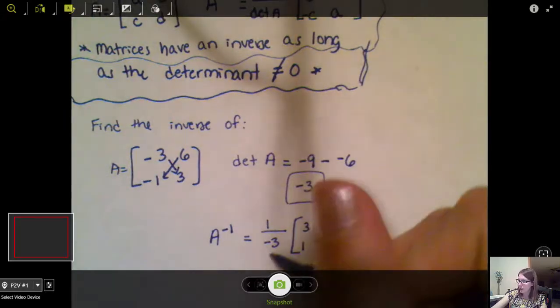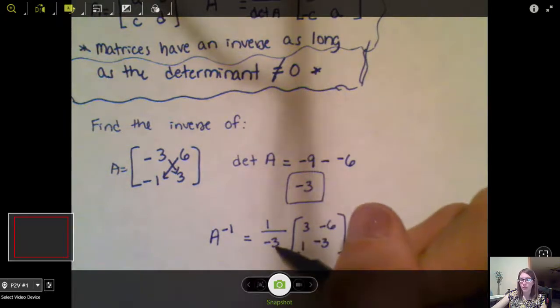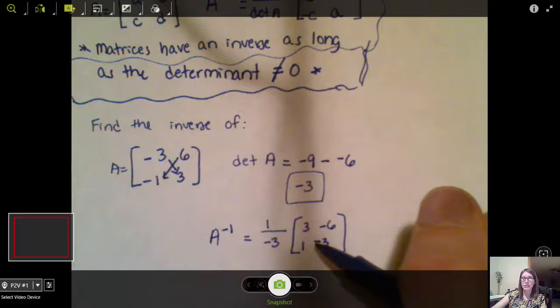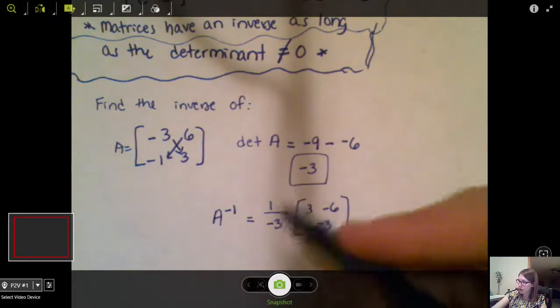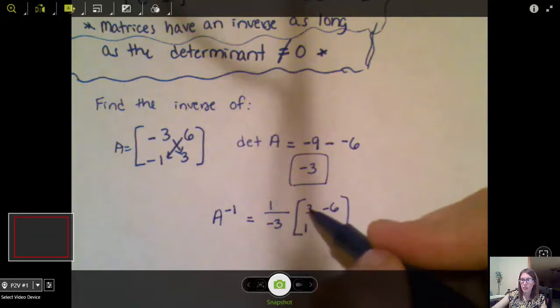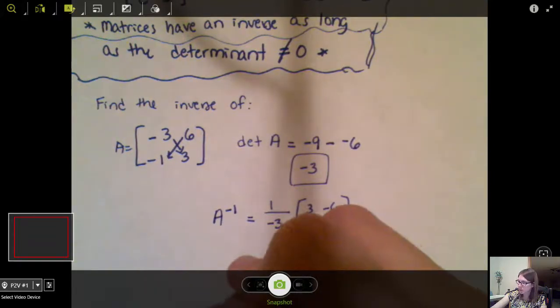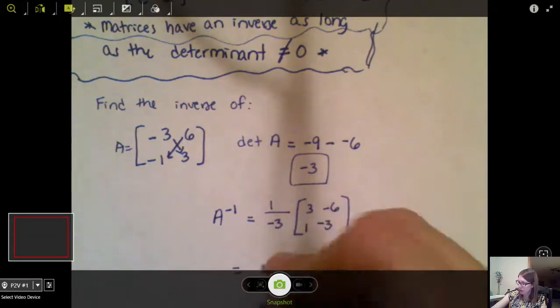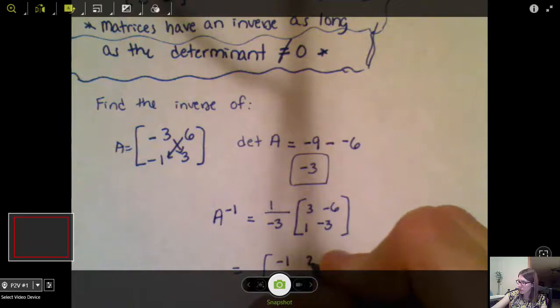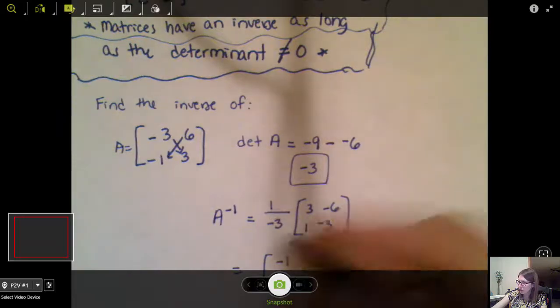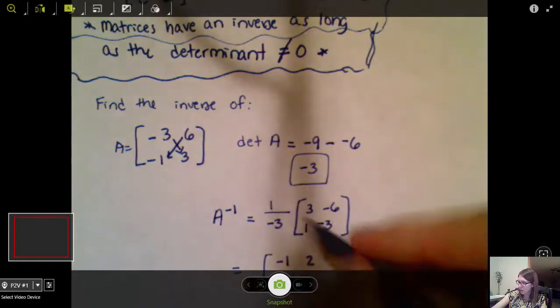From here, this is really just negative 1/3 times my matrix. Scalar multiplication, like what we did at the beginning of section 2. So I take negative 1/3 times each of my numbers inside my matrix. Negative 1/3 times 3 is negative 1. Negative 1/3 times negative 6 is 2. Negative 1/3 times 1 is negative 1/3.